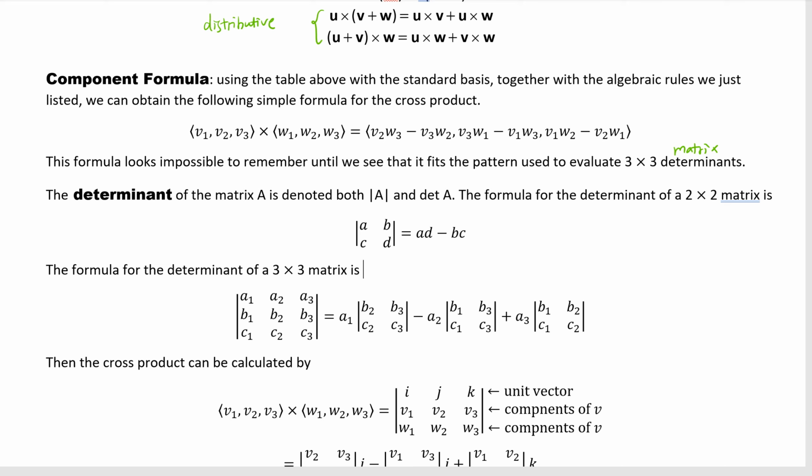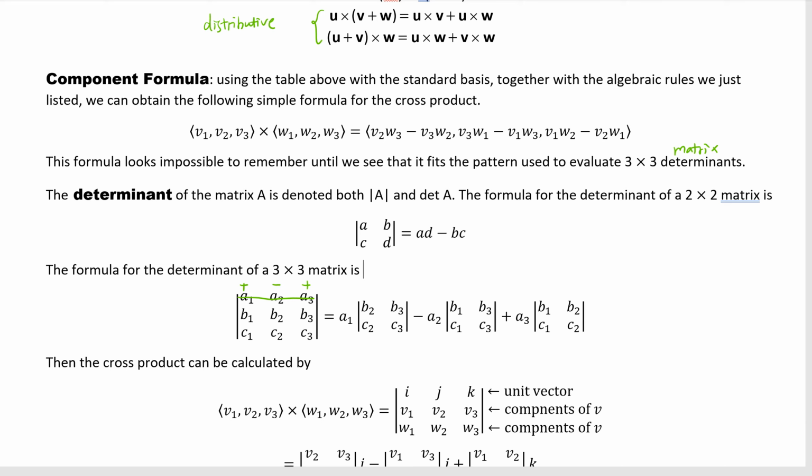In this case, let me just teach you one easy way: use the first row cofactor expansion. How does it work? First, look at the first row, and then you assign a sign to each entry. The first entry is always plus, and then it alternates: plus, minus, plus.